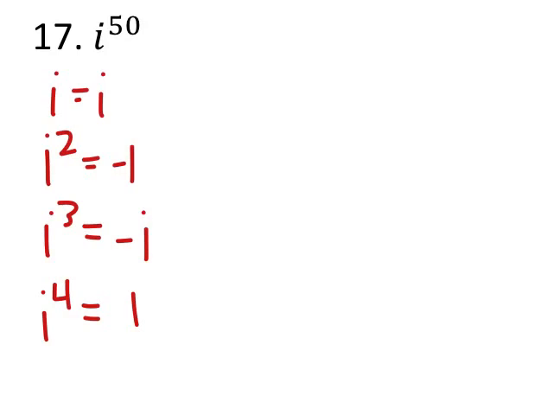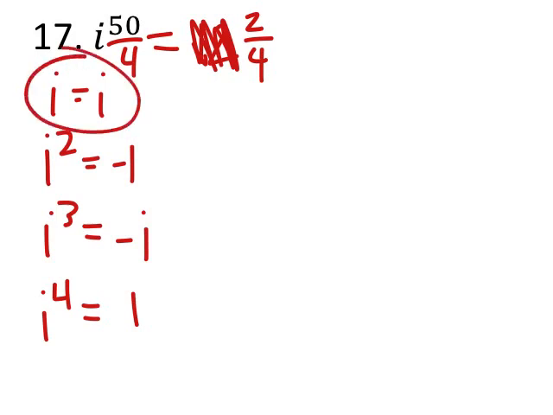i to the power of 50, all we're going to do is divide this by 4 and see what we get. Alright, and what that would end up being is 12 and 2/4. Okay, so we can ignore the 12 because that just puts us right back where we started at i.